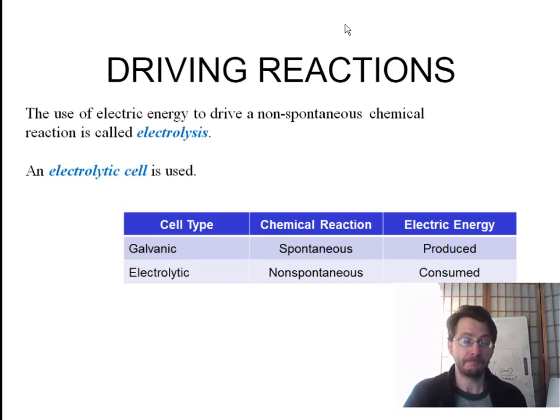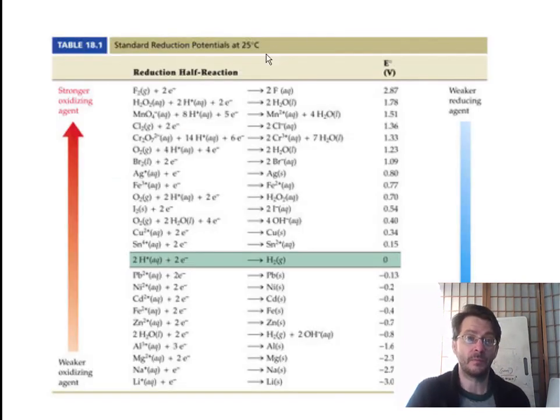Right? And so a reaction like iron going to iron plus 2, that's spontaneous under standard conditions, you can put in a potential of negative 0.7 volts to pull the electrons off the iron and push them back into the iron 3, push it backwards. And so you can drive the reactions backwards.